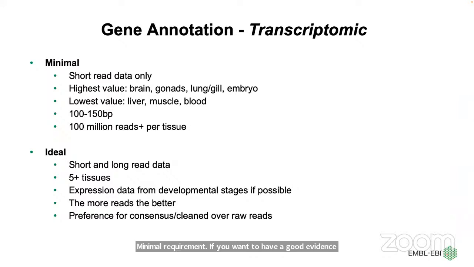The minimum thing that is required is short read data only. So if there is short read data available, then we go ahead with the annotation. And the short read data comes from different tissues. We have observed over the years of experience that the expression data coming from organs like brain, gonads, lung, gill, or embryo is highly valuable, and data coming from tissues or organs like liver, muscle, or blood do not provide that much value.